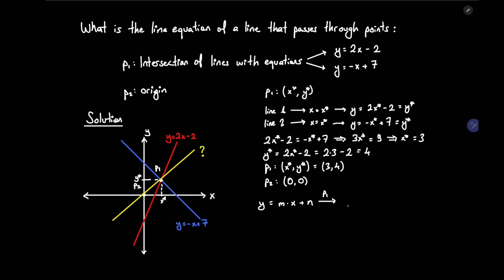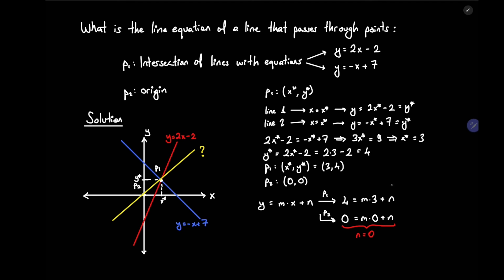We will have 4 equals m times 3 plus n. And also let's apply the same equation to our second point, which is 0 equals m times 0 plus n. From this second equation, we will have n equals 0.